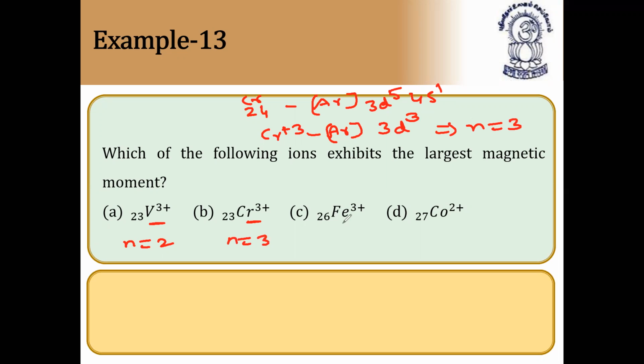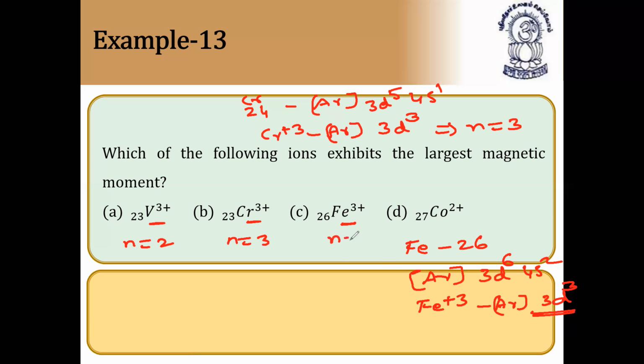And the third option, Fe+3. Iron atomic number is 26, so argon 4s2 3d6. So Fe+3 becomes argon 3d5, so n is equal to 5. So B and C are not the same. Let us see cobalt.